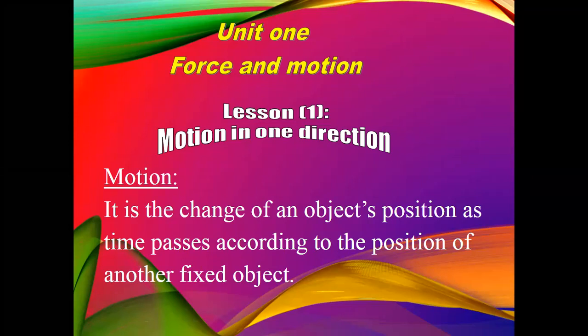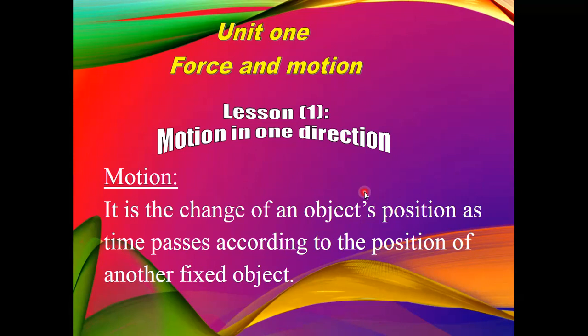We are going to start with the definition of motion. Motion is a change of an object's position. Please concentrate on this: as time passes, because it takes time for the position to change.